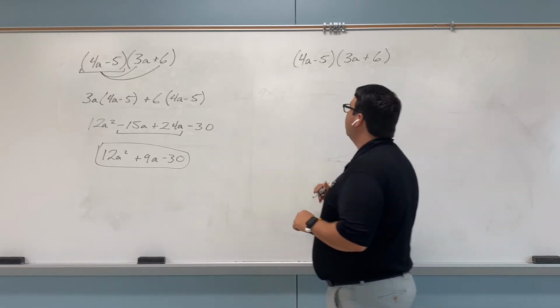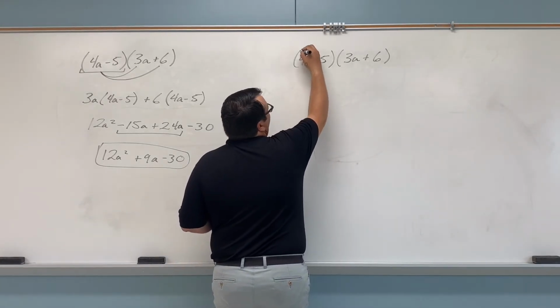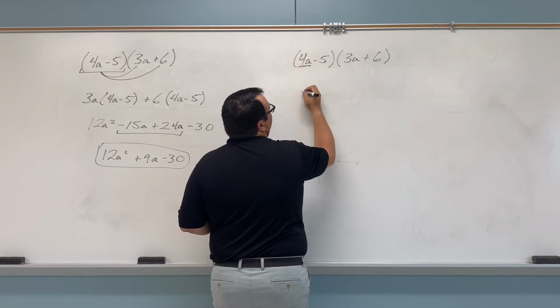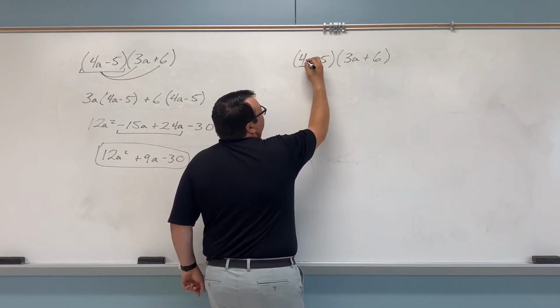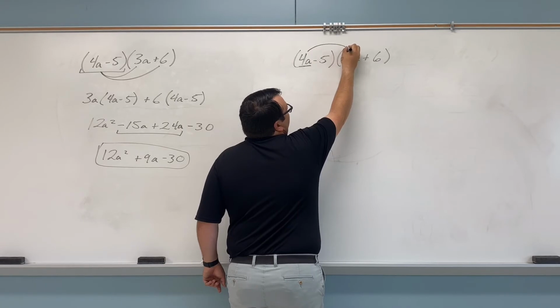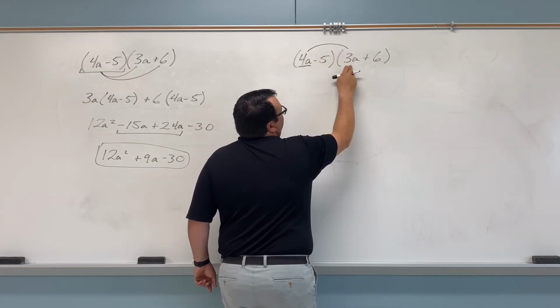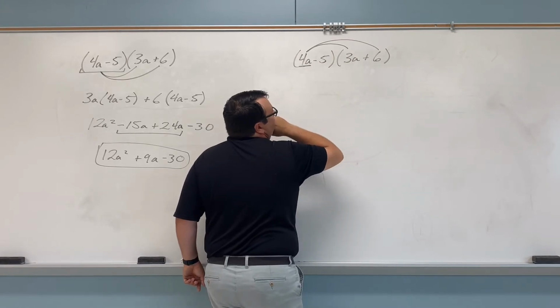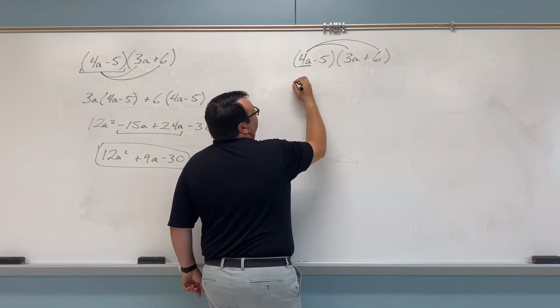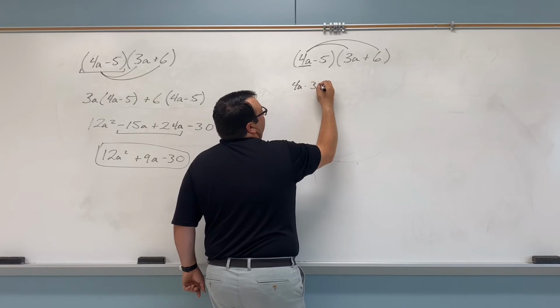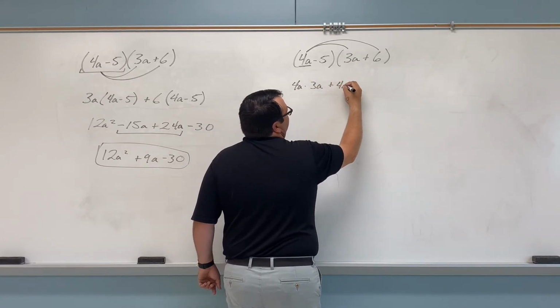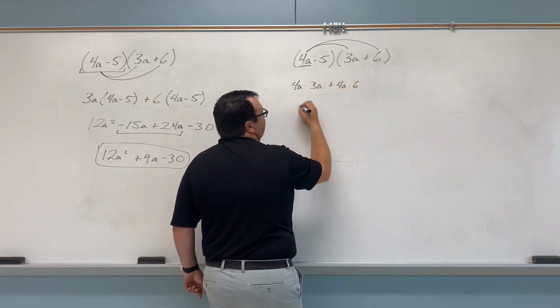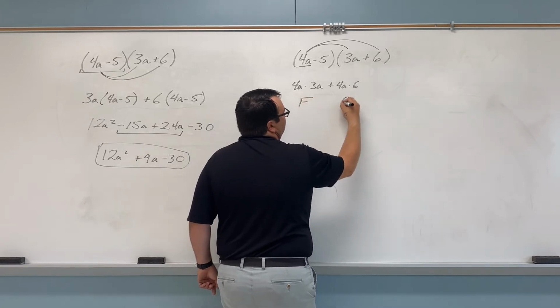Here's how it works. I take the first term right here, and I distribute this term to the first, to the outer. So that's 4a times 3a plus 4a times 6, just to capture that idea. This is first, outer.